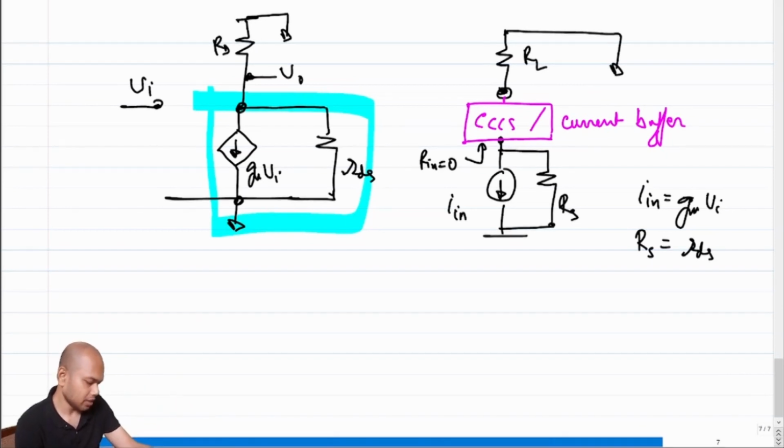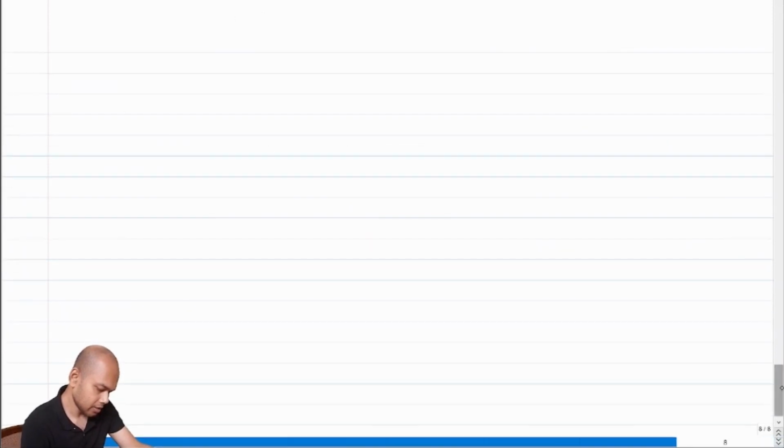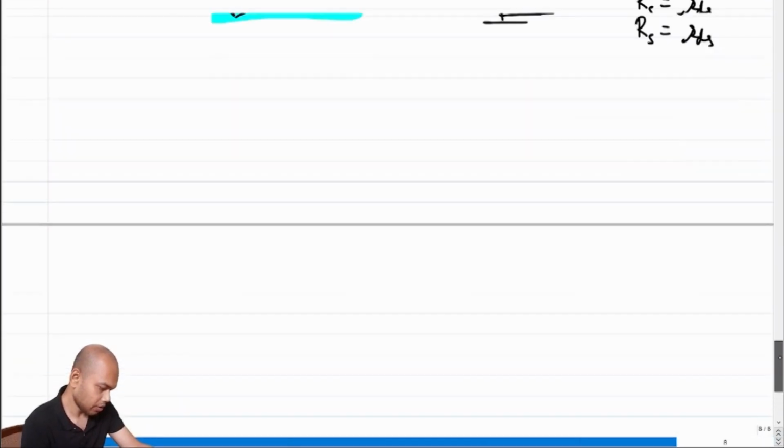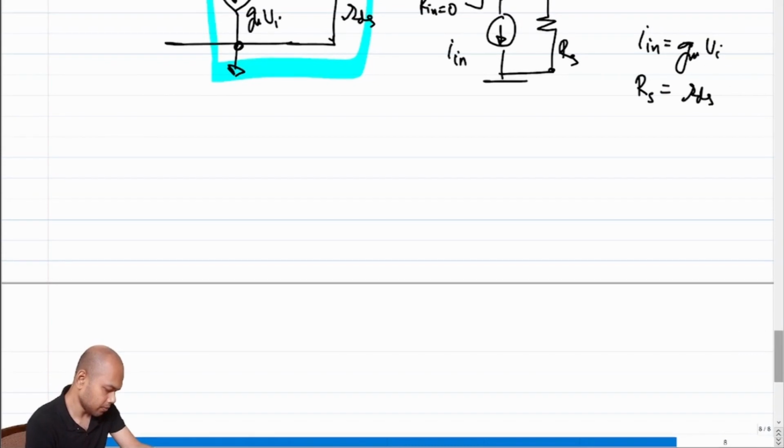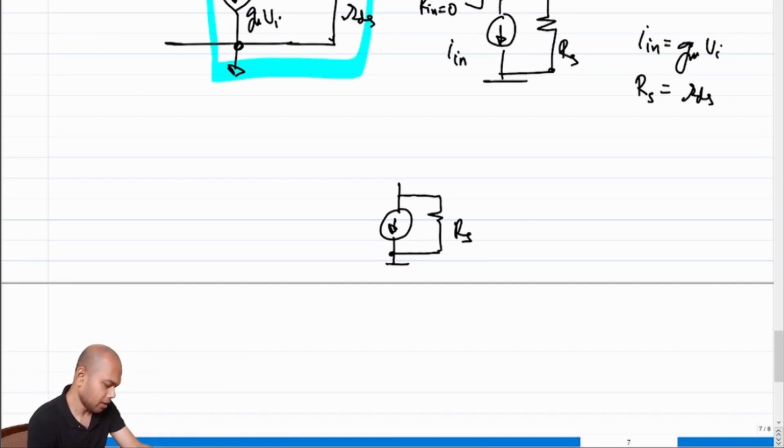All I'm saying is, if this is my incremental circuit, I have to put a current buffer. What is the incremental equivalent of a current buffer?